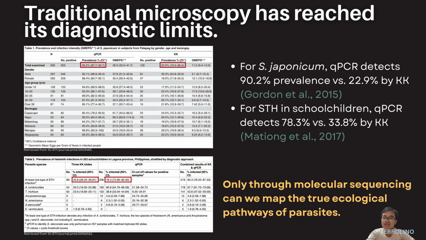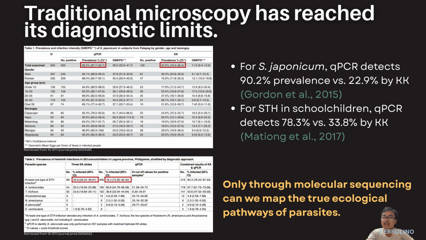And molecular tools detect the DNA even after the egg has lysed. Third is that the traditional Kato-Katz method uses only a tiny smear, approximately 41.7 milligrams. So if the infection is slight, the chances of an egg being in that tiny smear are statistically low.